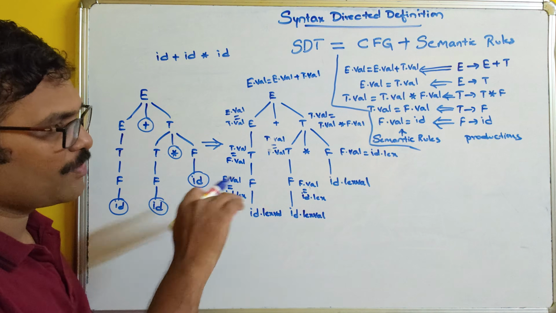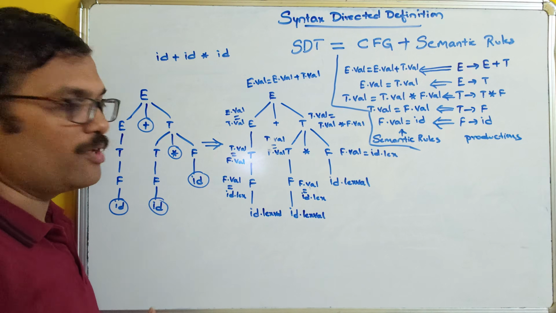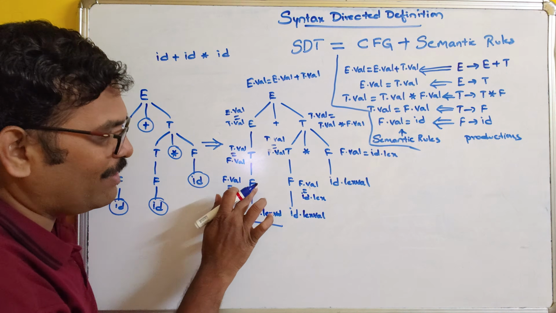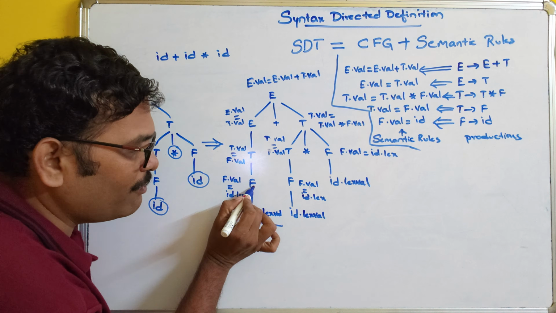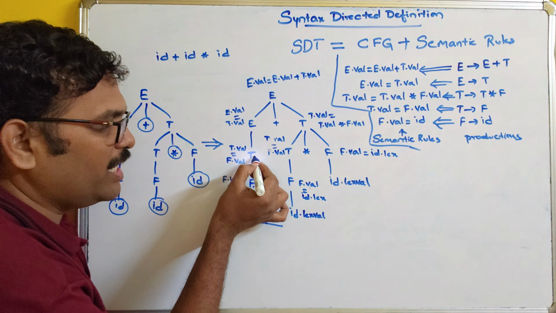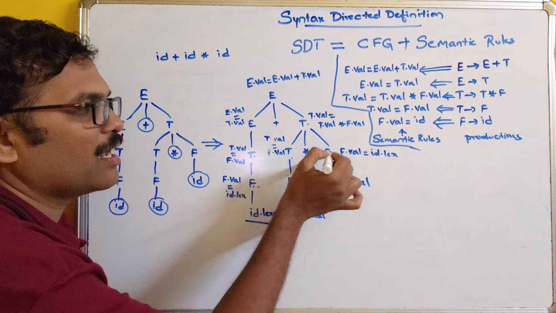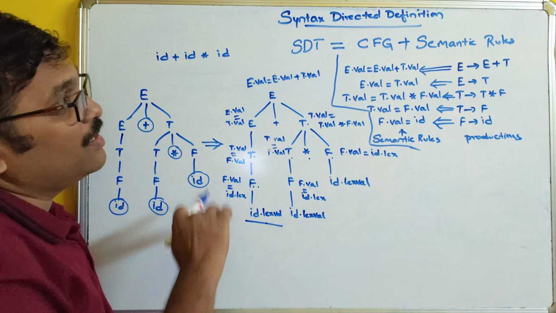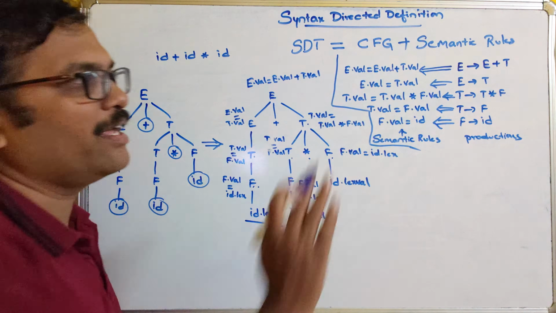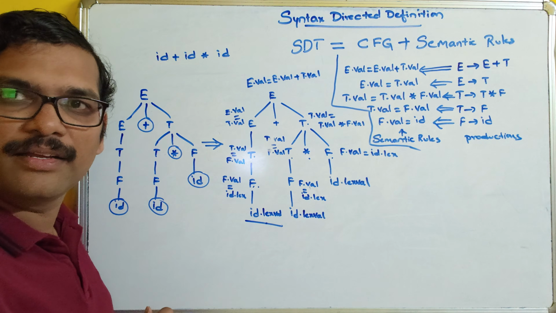So like this, it can be improvised with the help of the attributes and semantic rules. So here there is a direct value, and F we get the value of with the help of its children. And here we are getting the value of T from its children, T star F. So like that, this SDT will be formed. The productions plus the semantic rules is called the SDD.